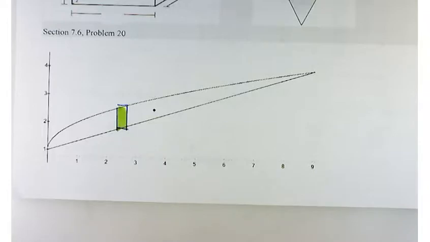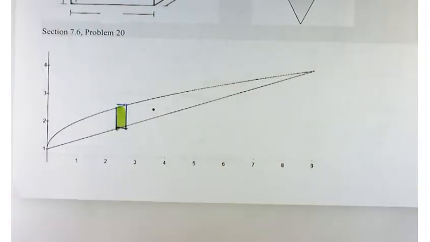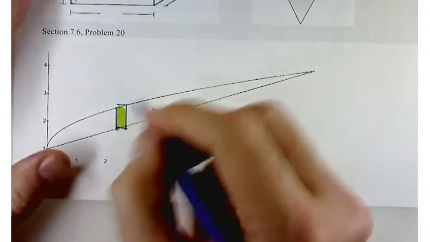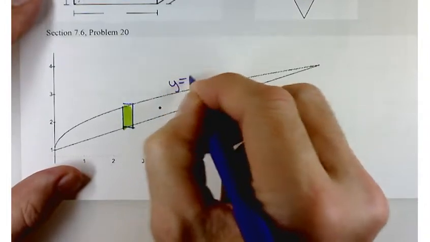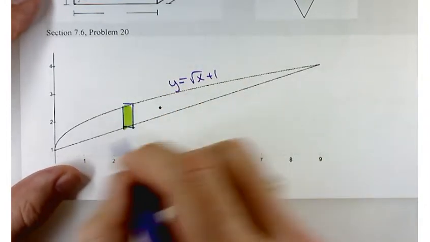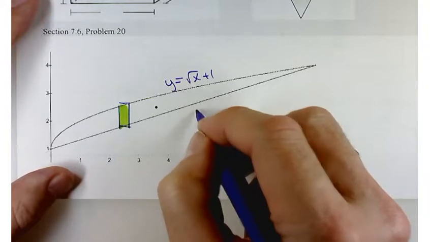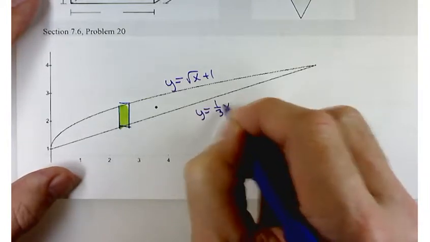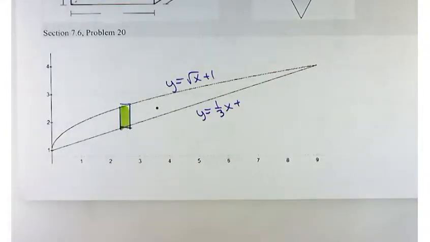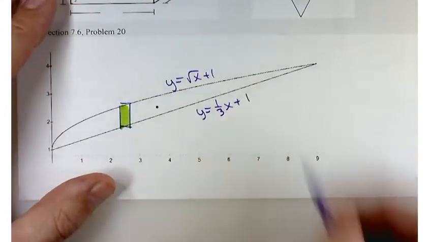So let me give you a couple labels here. The top curve is y equals the square root of x plus 1. The bottom curve is y equals 1/3 x plus 1.